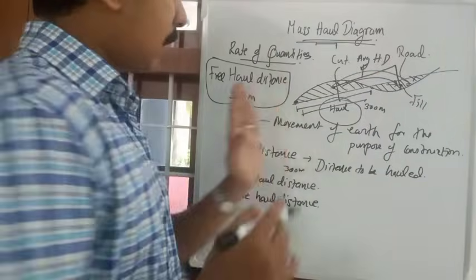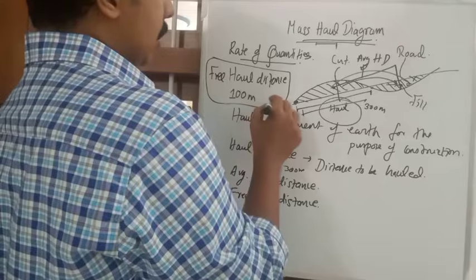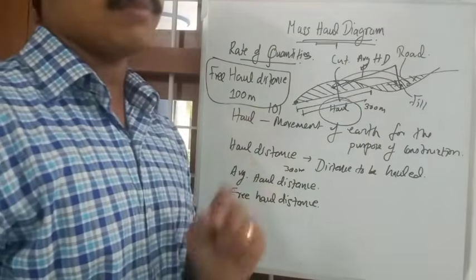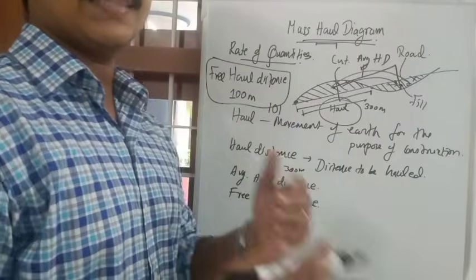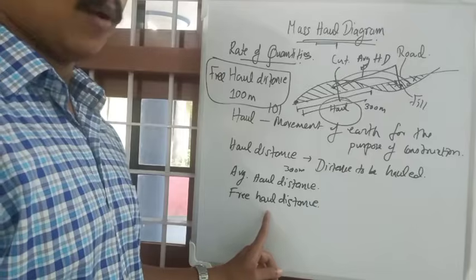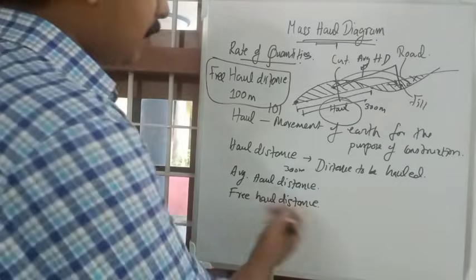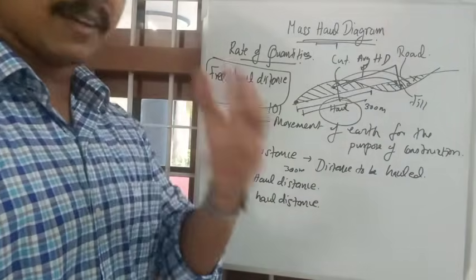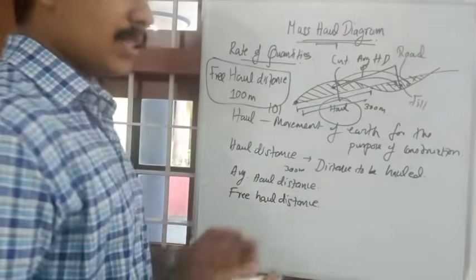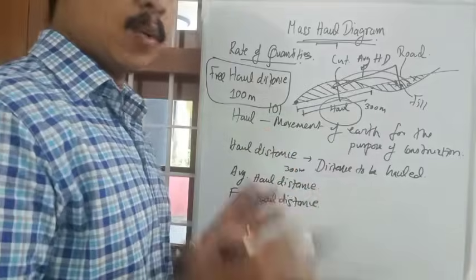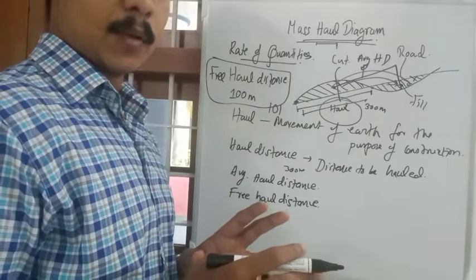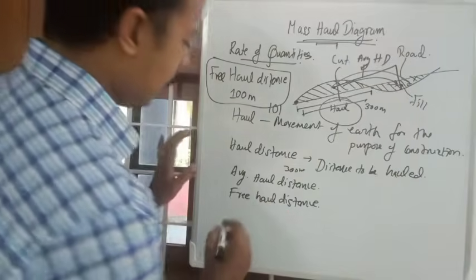If it exceeds even 1 meter, if it reaches 101 meters or 102 meters, there will be extra charge for hauling. So that is free haul distance. That value will be different for different projects, different contractors and different works. So free haul distance is the distance that is included in the rate of quantities in earth movement.